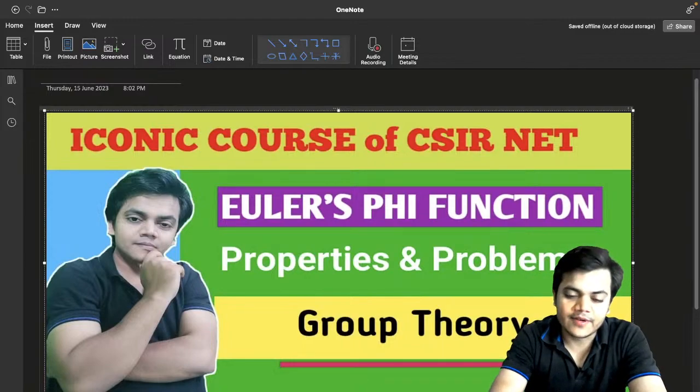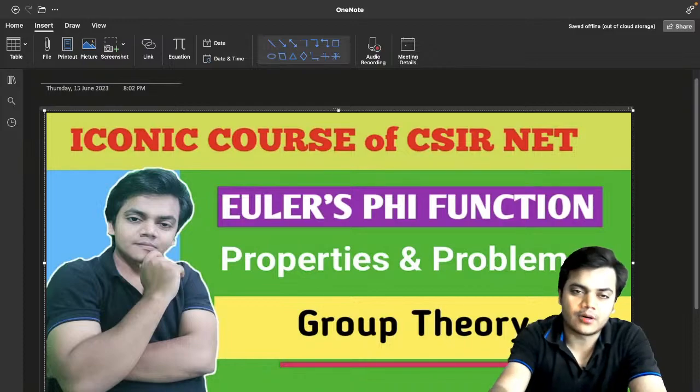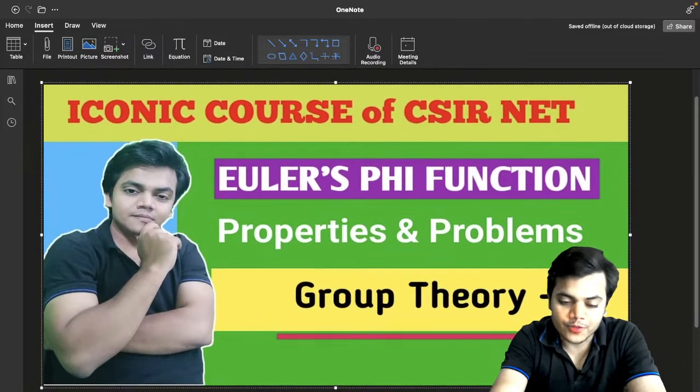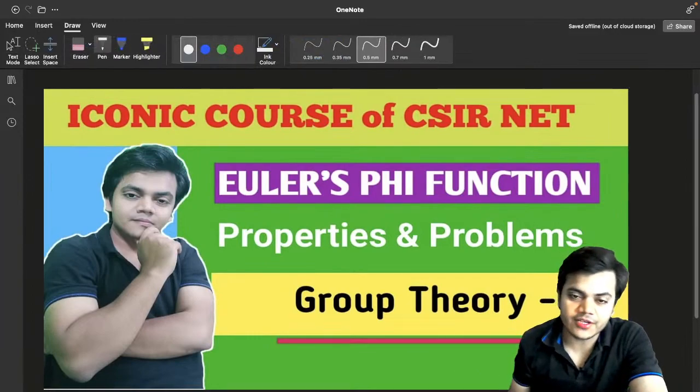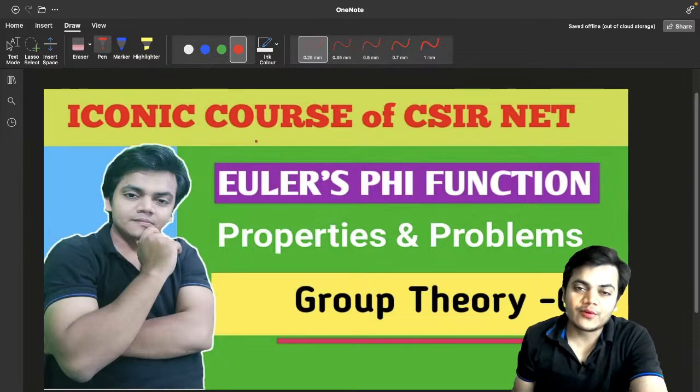Yes, this evening, which topic is going to be dealt with? Certainly, we are going to discuss a very interesting concept of group theory. This evening is dedicated to Euler's Phi function, a number theoretic function.